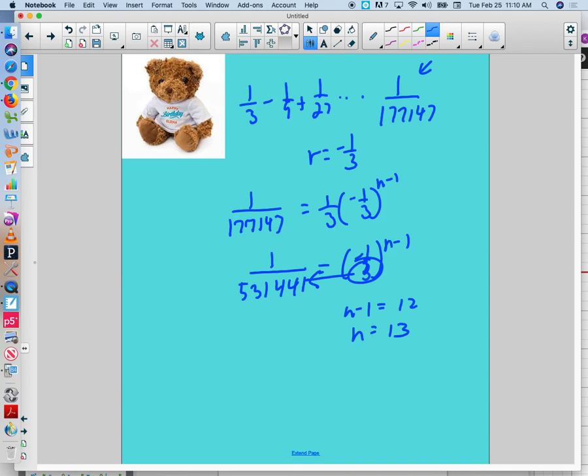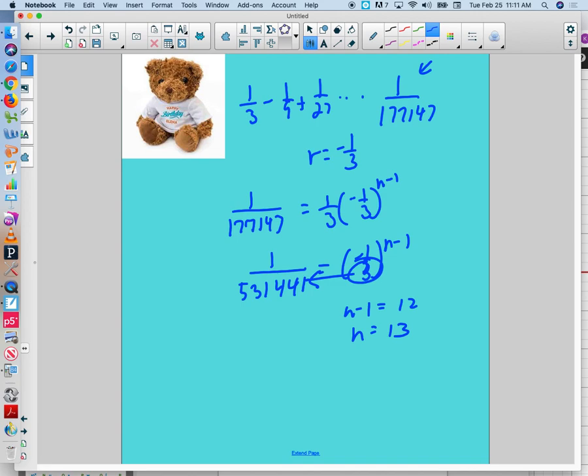1/3 is my a sub 1 times our ratio to the n minus 1 power. Let me look at this. 1/3 times negative 1/3 to the 12th. Shouldn't you get a smaller number? It's like 1 over 177,147 times 3.